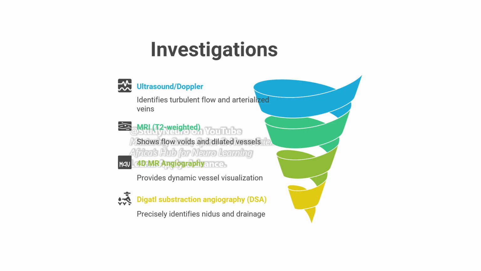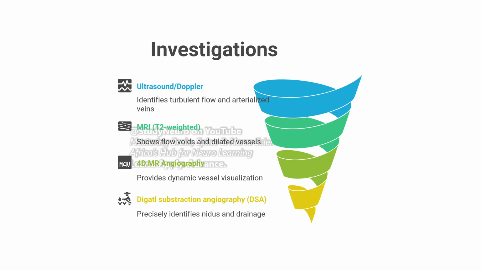Diagnosing arteriovenous malformations requires a multimodal imaging approach to assess both anatomy and hemodynamics. Ultrasound and Doppler may reveal anechoic tubular structures with high-velocity, low-resistance flow and arterialized veins, especially used in neonates or superficial lesions.